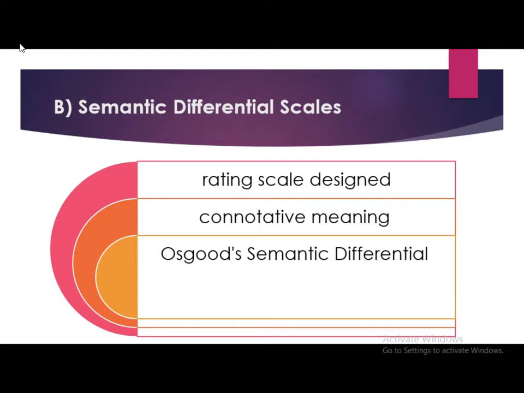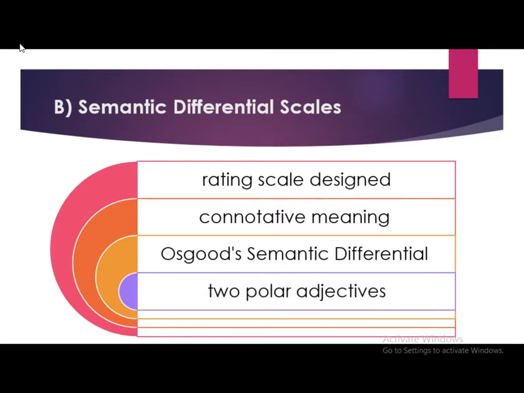The respondent here is asked to choose where his or her opinion lies on a scale between two polar adjectives. These two polar adjectives will be strong or weak, good or bad, exactly. So that is two exactly opposite poles.